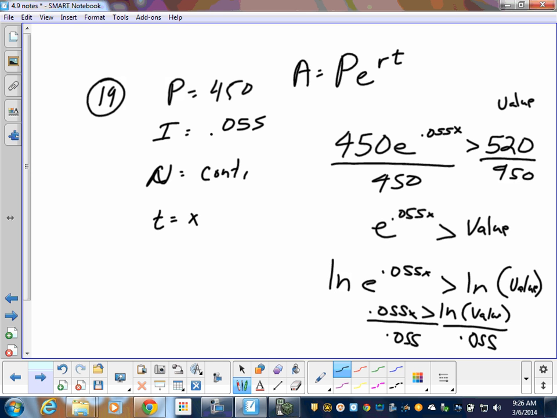Again, I think some of you think you're supposed to be able to figure out what this is right here, and because you don't look at the natural log of 52 over 45 and know what the answer is, you don't know how to do that. Guys, you do. You can know how to do these really well. I feel like I can work these problems pretty good, and I like working these.